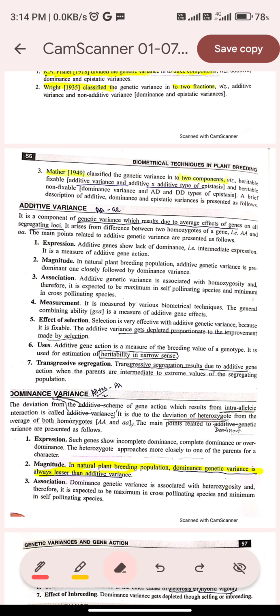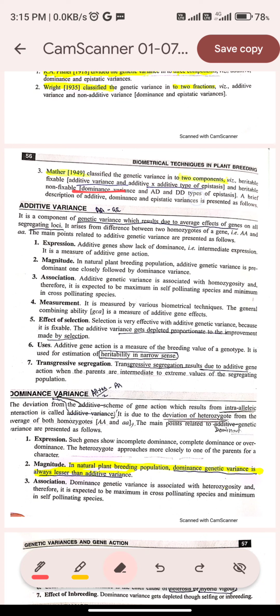So according to that he gave two components, heritable fixable, that is additive variation and additive into additive type epistasis. These are the two components which are heritable and also fixable. Then he divided heritable non-fixable.